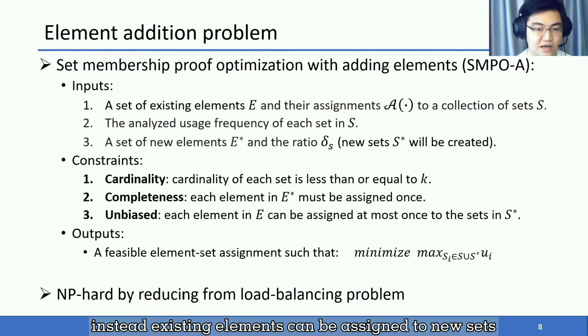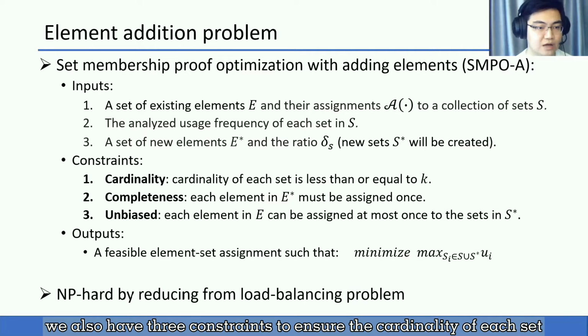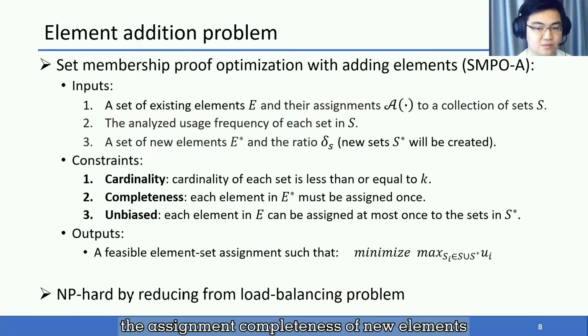Instead, existing elements can be assigned to new sets to reduce the usage frequency of existing sets. We also have 3 constraints to ensure the cardinality of each set, the assignment completeness of new elements, and the unbiased assignment of existing elements.